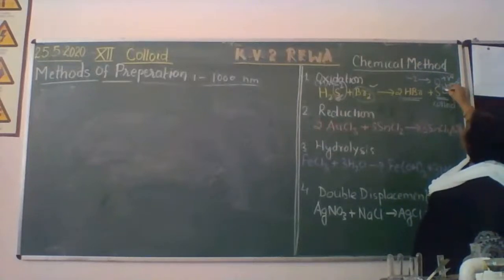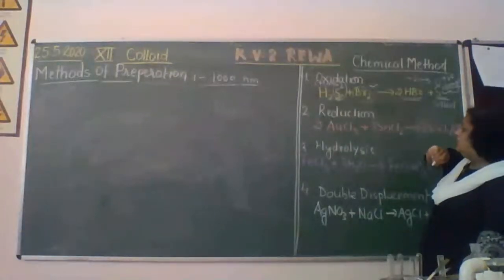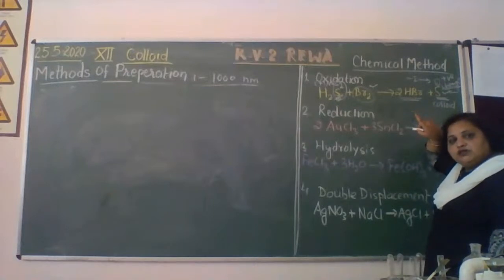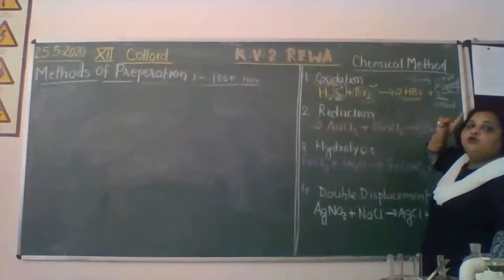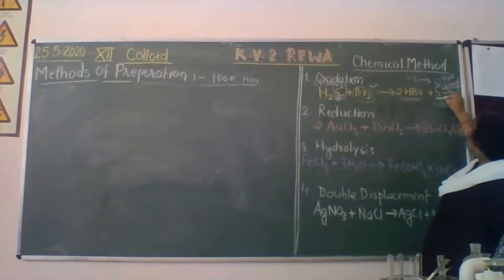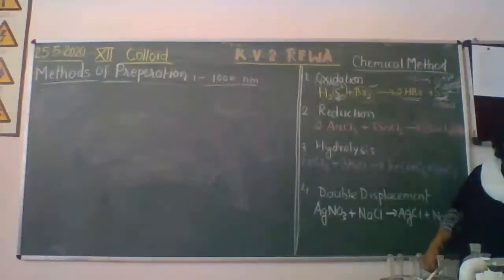Always a positive change in the oxidation state is called oxidation, right? -2 to -1 is oxidation, -1 to 0 is oxidation, +1 to +2 is oxidation, 0 to +2 is oxidation. So the oxidation of sulfur takes place here.